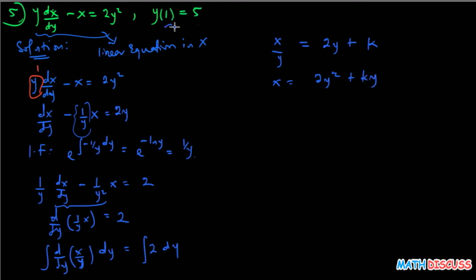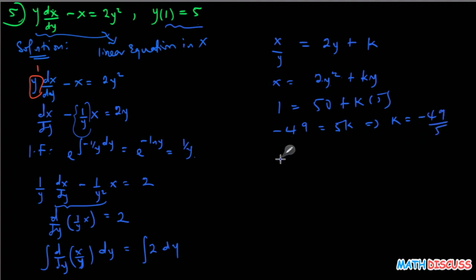Now to use the initial condition, when x is 1, y is 5. So 1 equals 2 times 5 squared, which is 2 times 25, that is 50, plus k times 5. To find k, we have negative 49 equals 5k, which implies that k equals negative 49 over 5.